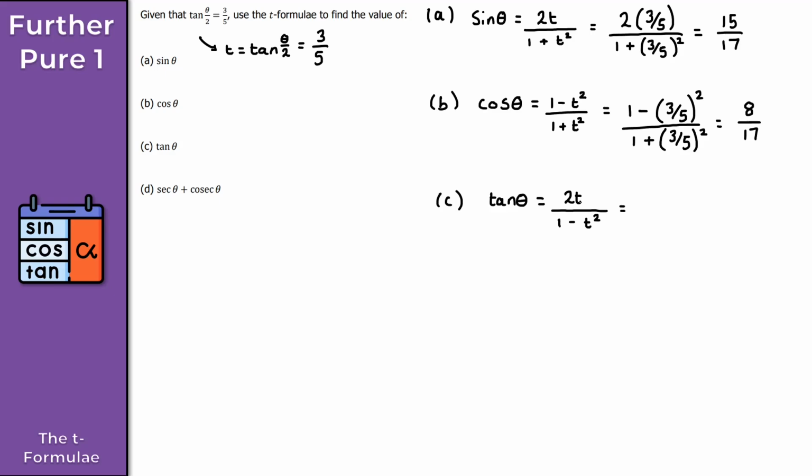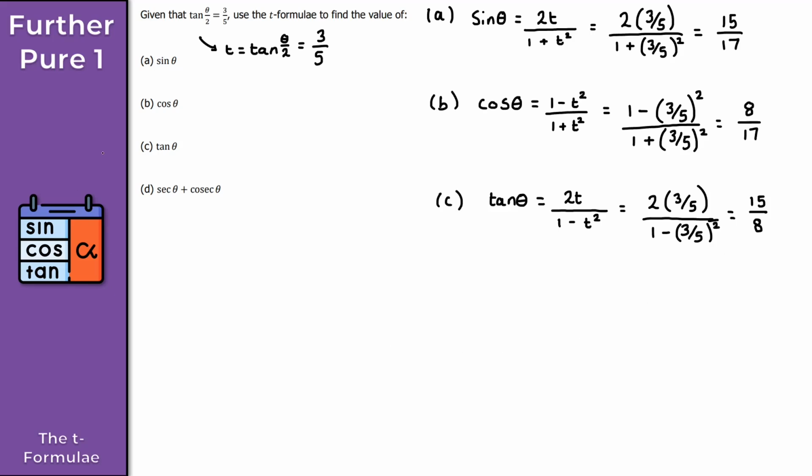Again, just replacing any t's with 3 over 5. So I get 2 lots of 3/5 here, like so. And that's all over then 1 minus 3/5 all squared, like so. Again, just put this into your calculator here. And if you do this correctly here, what you should find then is we get 15 over 8 here.